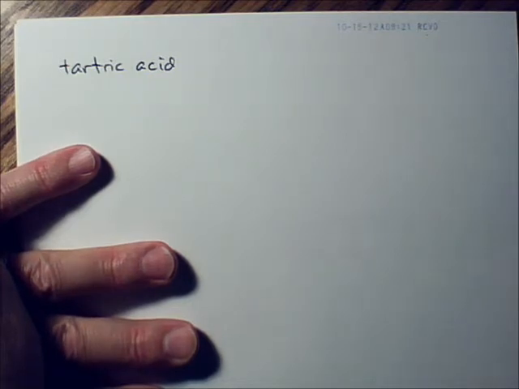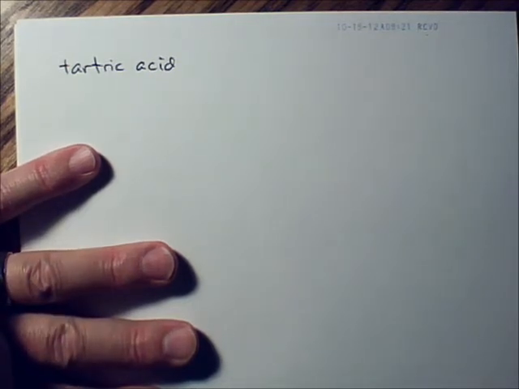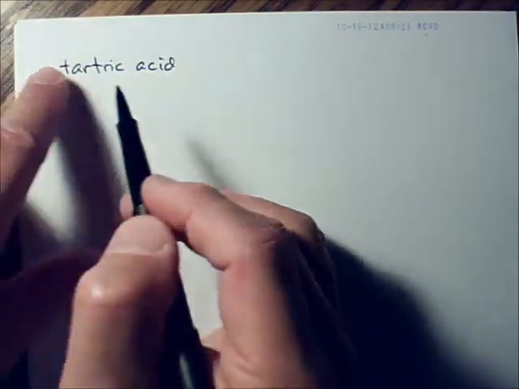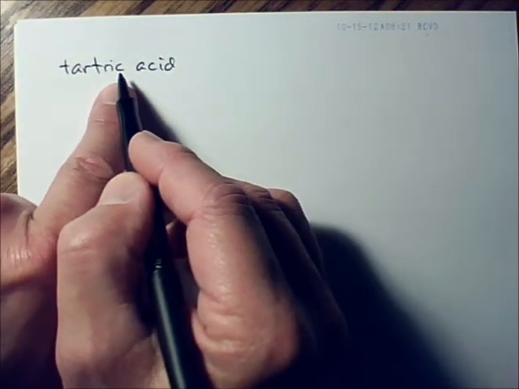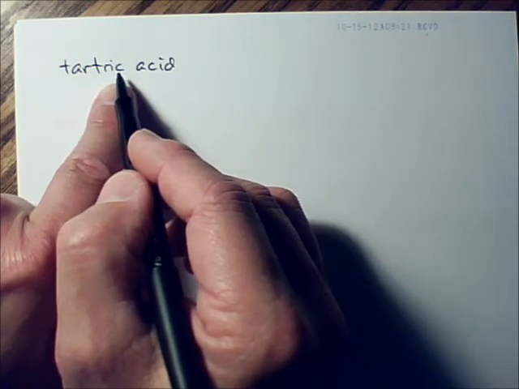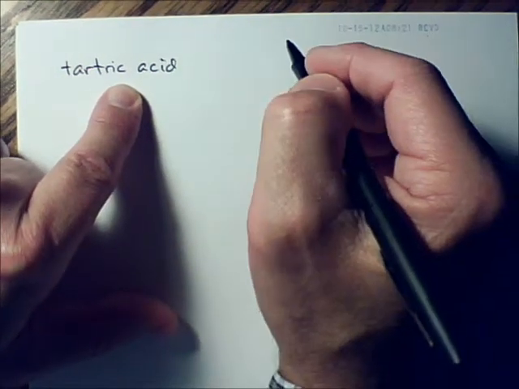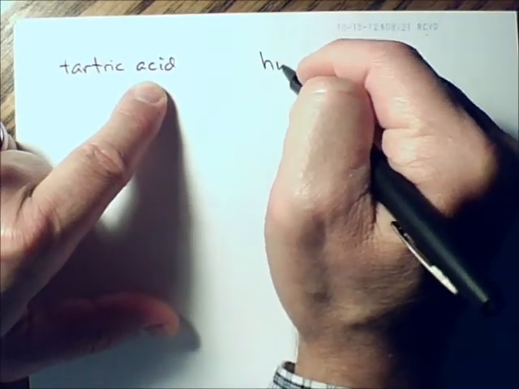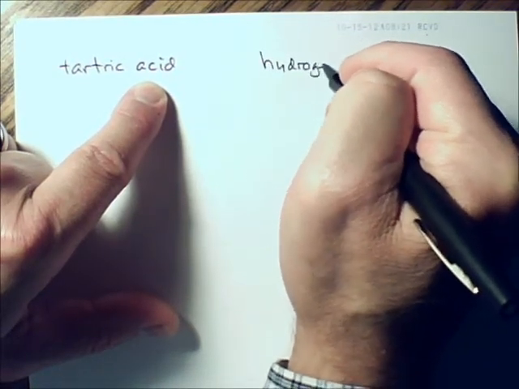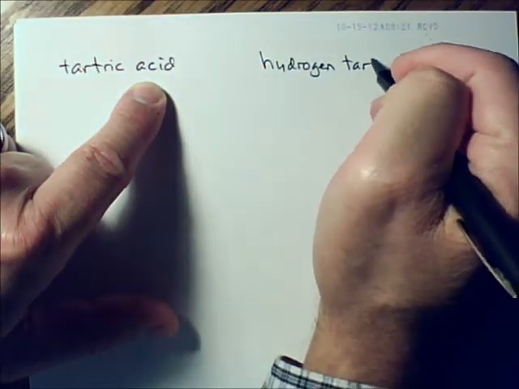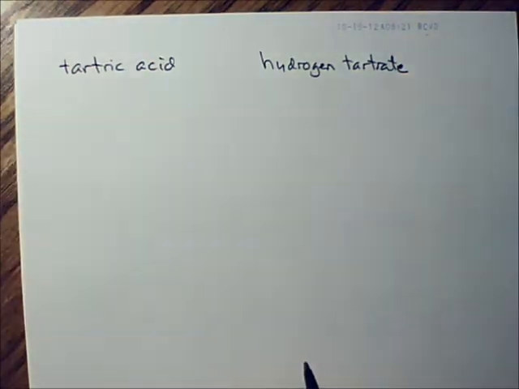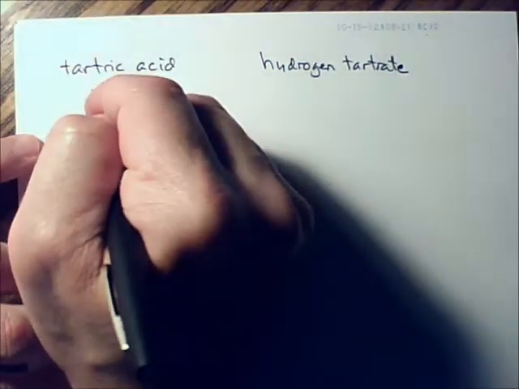Okay, so going back through the steps, tartaric, there's no hydro in the front. Tartaric means we have a polyatomic ion with an ate ending. And it's an acid, so hydrogen goes in the front of the ionic name: hydrogen tartrate. Hydrogen on an acid is H+.